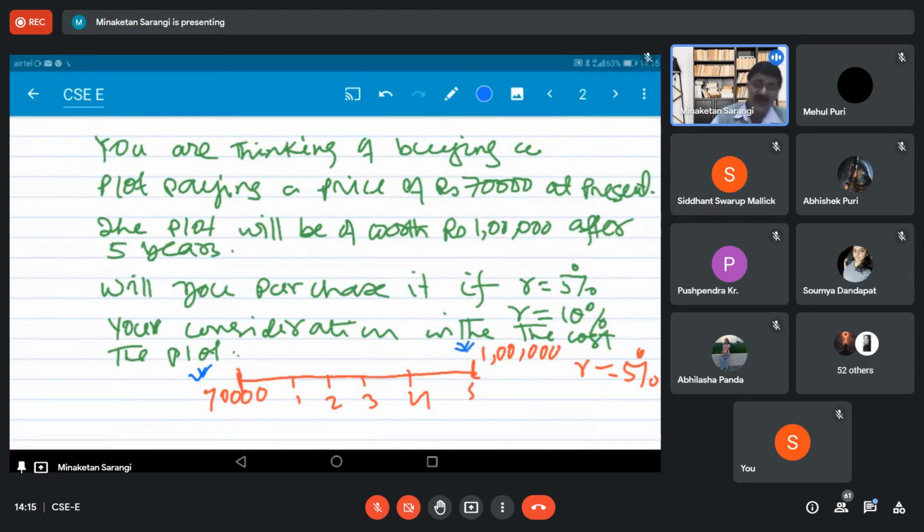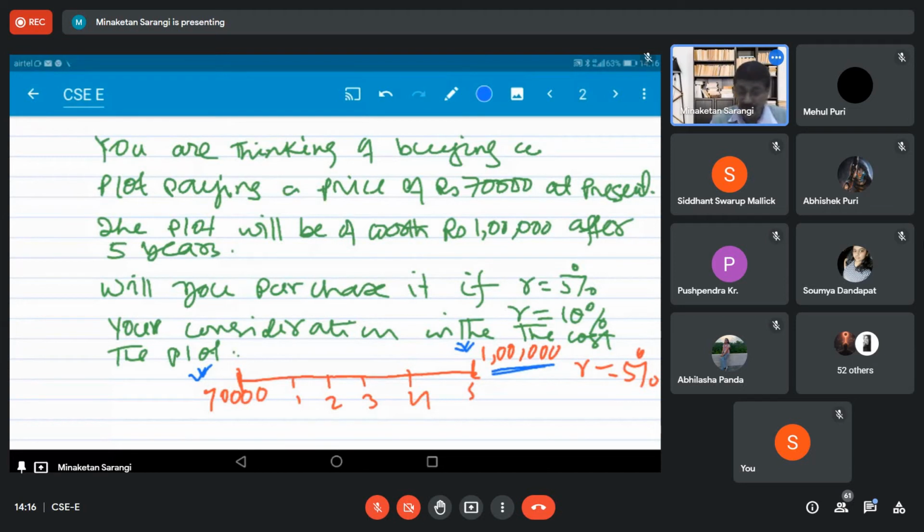You compare the values at one point of time. And here your consideration is the cost. Cost means how much you are paying right now. So you will compare how much you will pay right now. Now, how much would you pay if you will receive 1 lakh after 5 years?